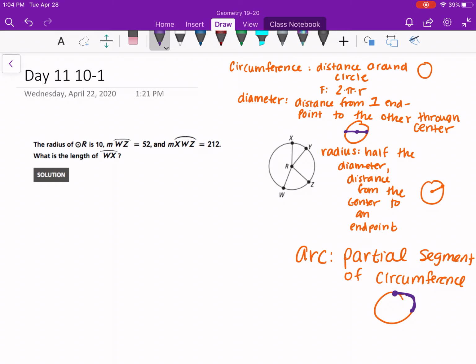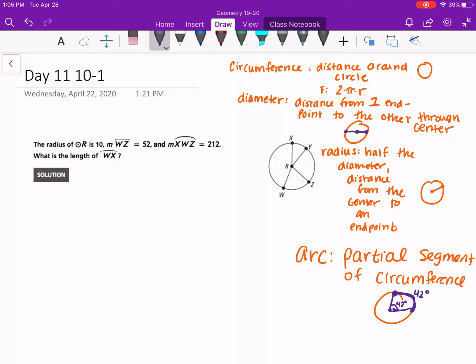The measure of that arc is measured in degrees, and it's the same thing as this angle right here. So if this angle is 42 degrees, then the measure of this arc is also 42 degrees. They're the exact same.